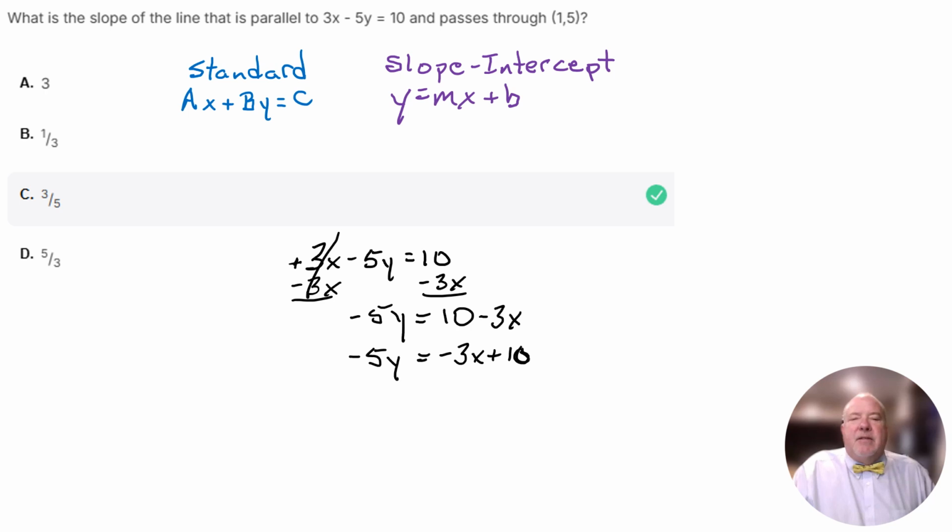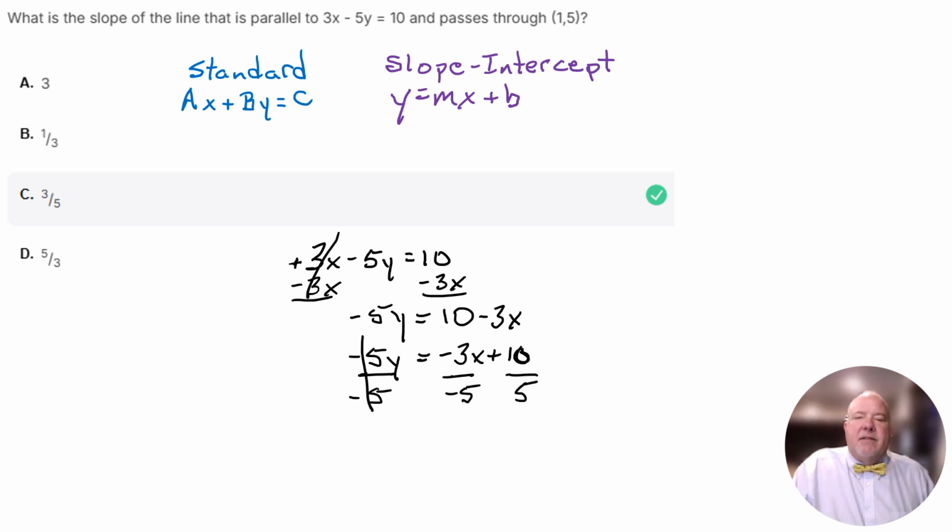And now the last piece is I just need to get rid of the negative 5. This is negative 5 times y, so I'm going to divide both sides by negative 5. I have to divide everything on both sides by negative 5, so both the negative 3x and the 10.